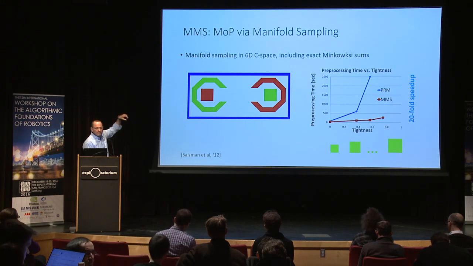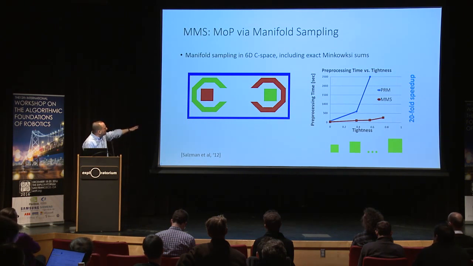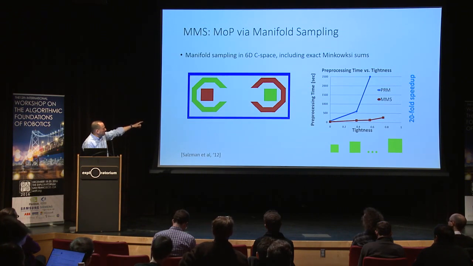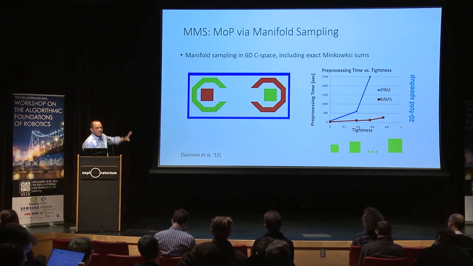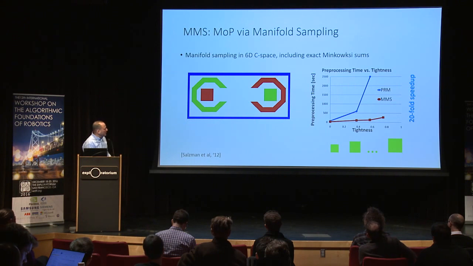Instead of sampling just points, we sample whole subspaces, whole submanifolds. For example, I fix the orientation of the square and the Pac-Man, and I fix the position of the square, but I let the Pac-Man move around. This is a 2-dimensional problem, and I compute it exactly by using Minkowski sums.